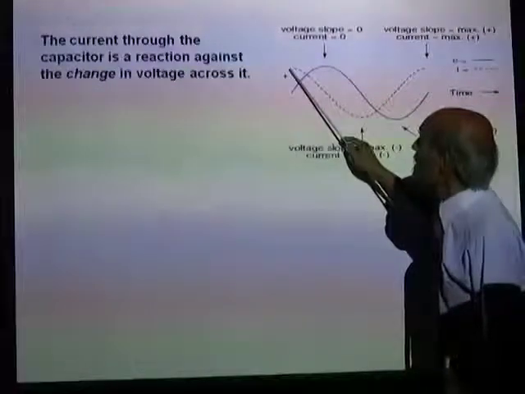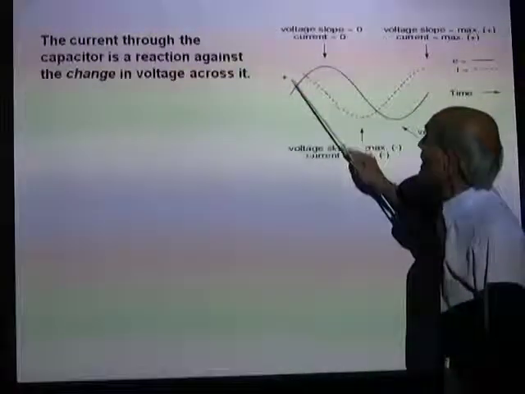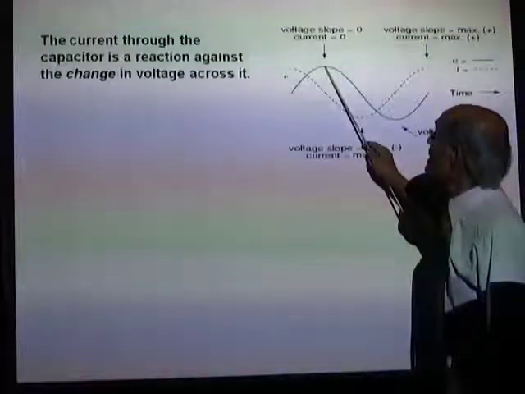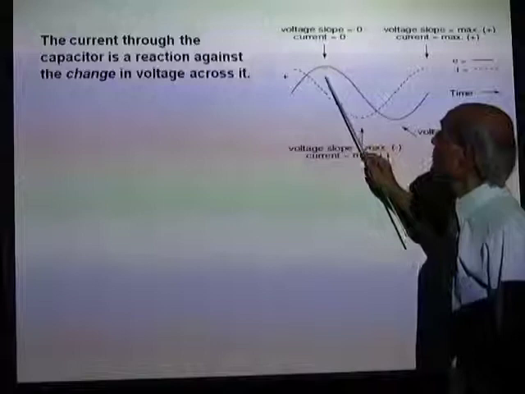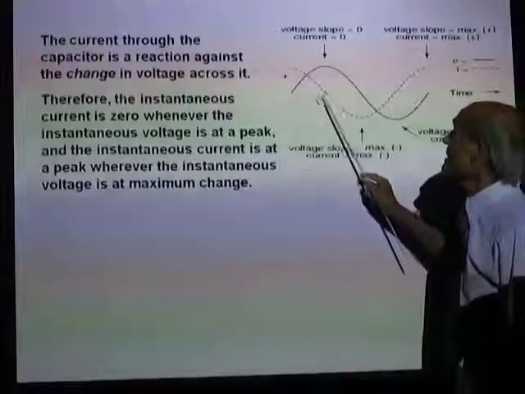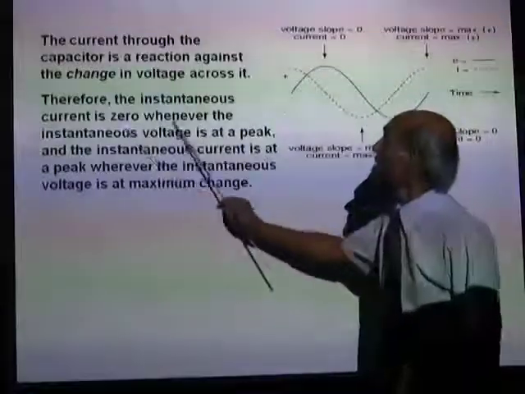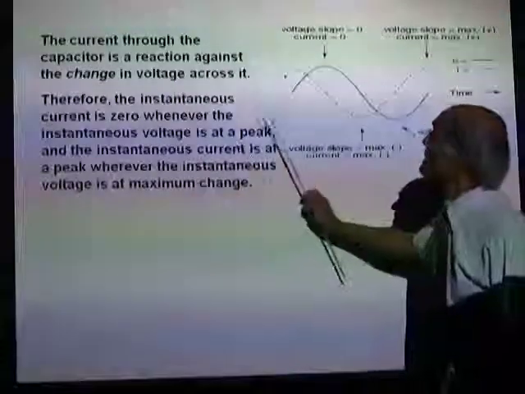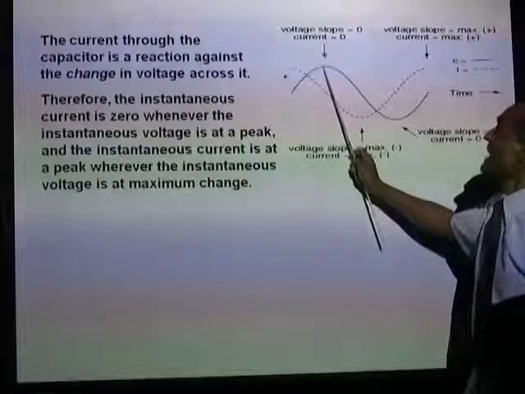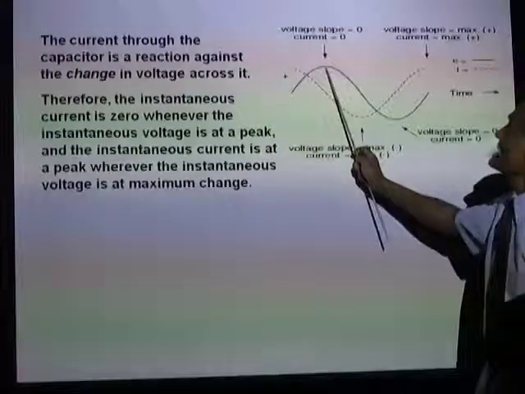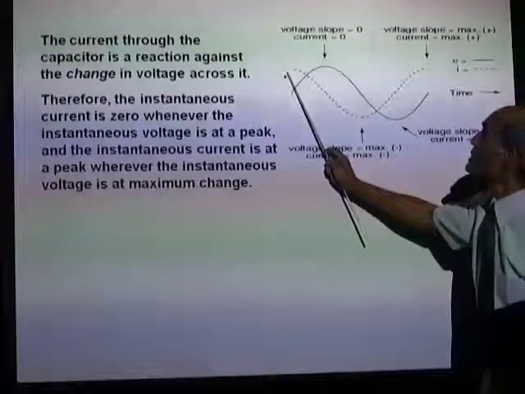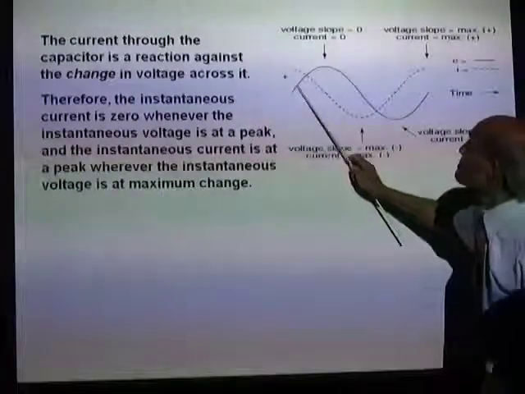That means that is when the current is maximum. And when the voltage is peaked, the rate of change of voltage is 0. That is when the current is 0. Alright. So the instantaneous current is 0 whenever the instantaneous voltage is at a peak. And instantaneous current is at a peak whenever the voltage is changing at the maximum rate.